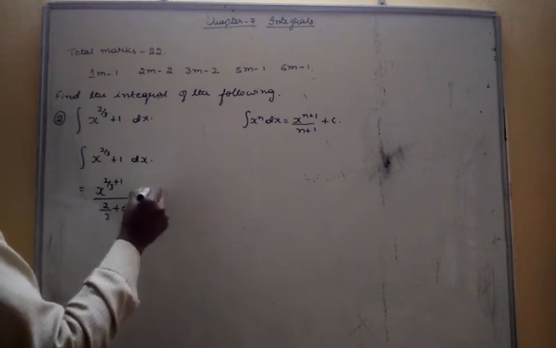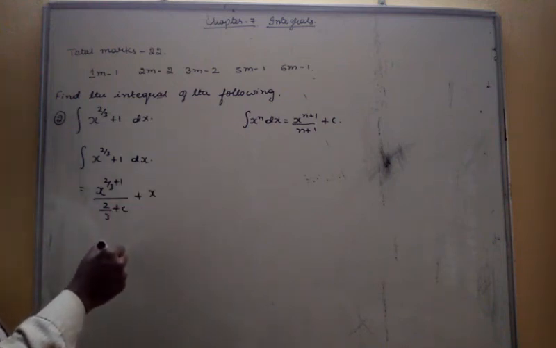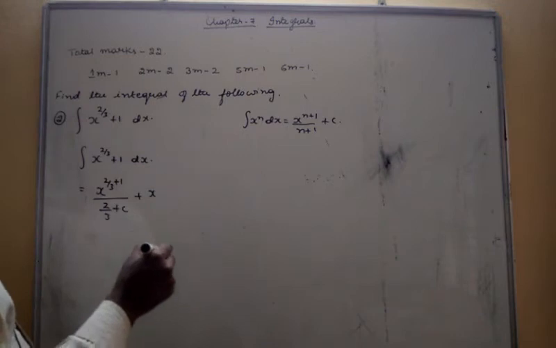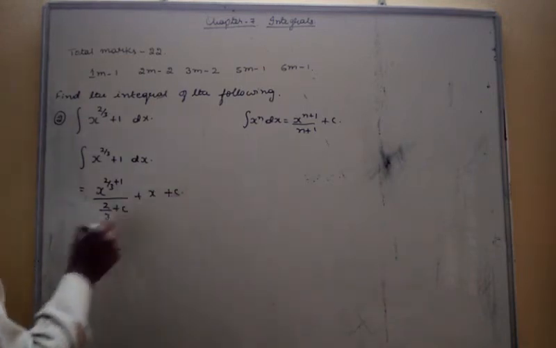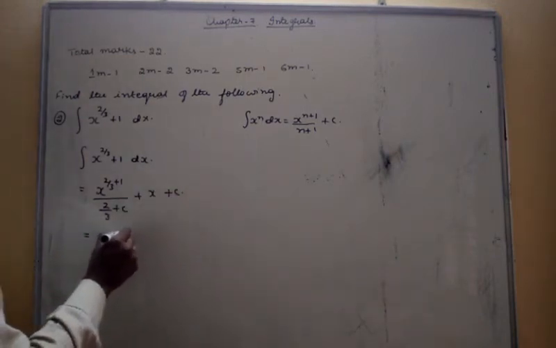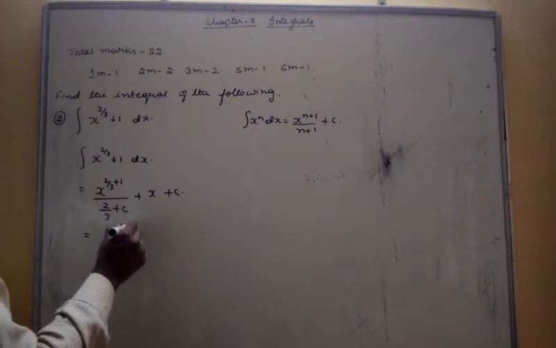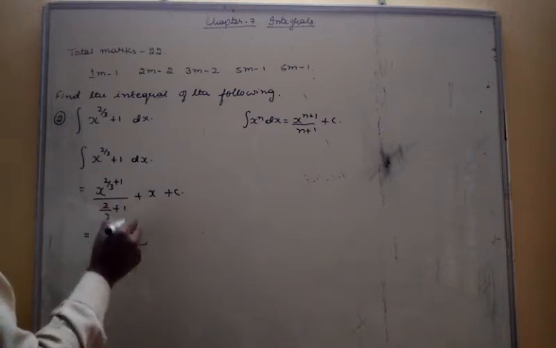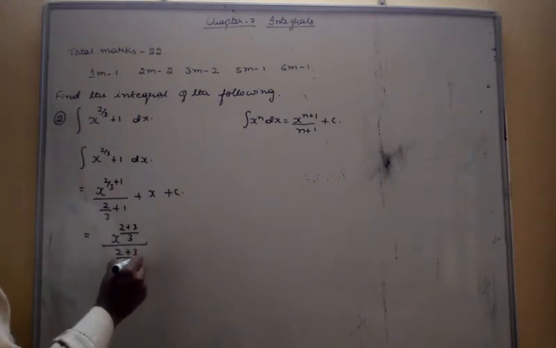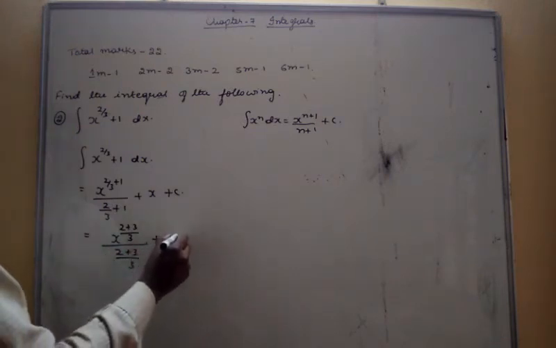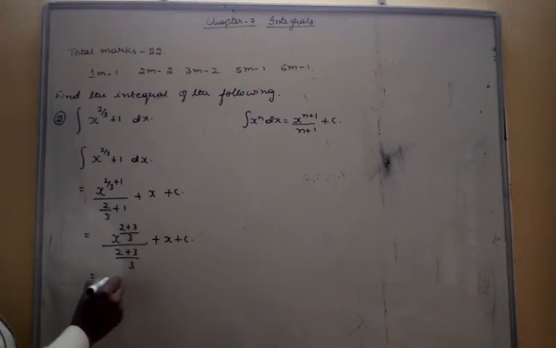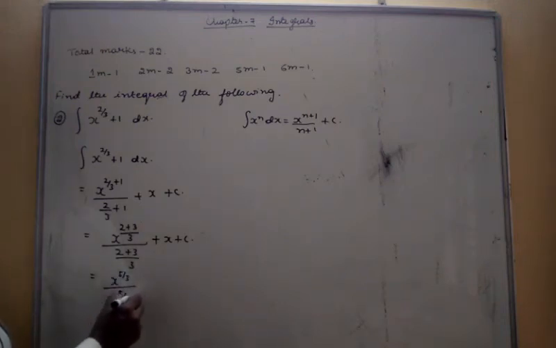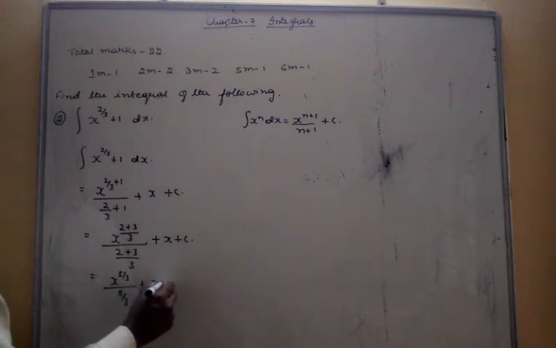Then the integration of 1 is x plus c. Then if you take the LCM, 2 plus 3 by 3, plus x plus c, then we can write it as x to the power of 5 by 3 by 5 by 3 plus c plus x plus c.